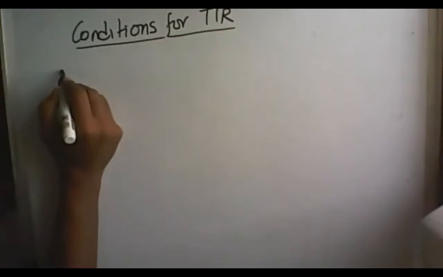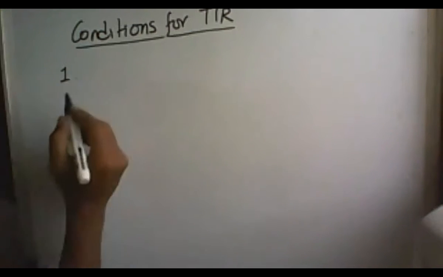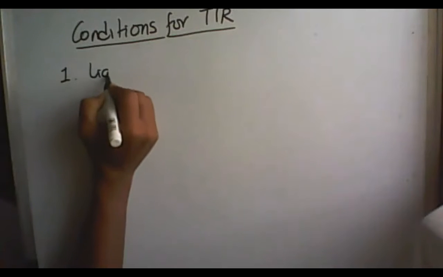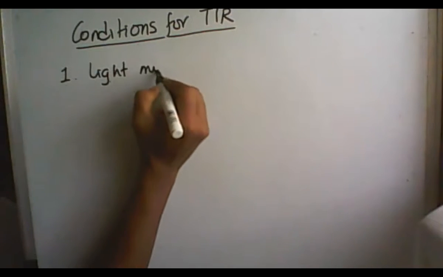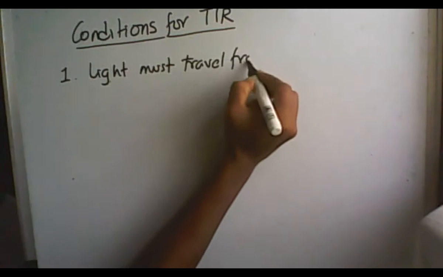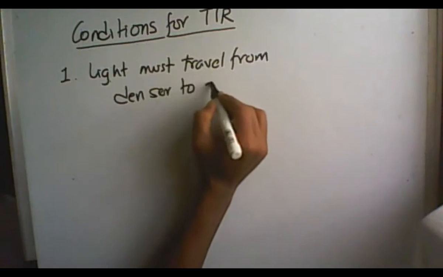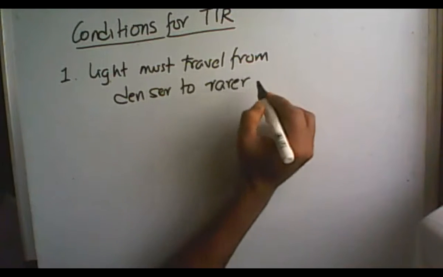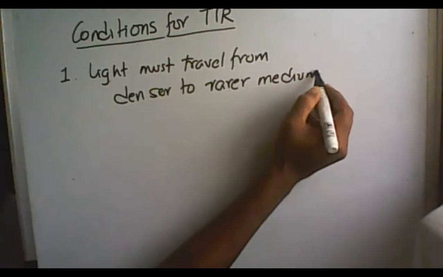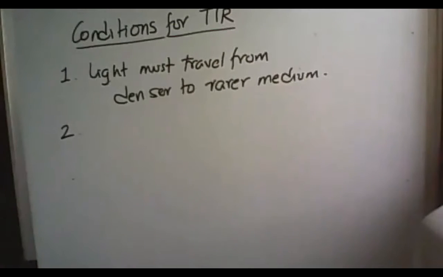There are only two conditions given in the textbook. One is that the light must travel from a denser to a rarer medium. That's an obvious condition. When it goes from a rarer to a denser medium, there is no question of any TIR taking place.